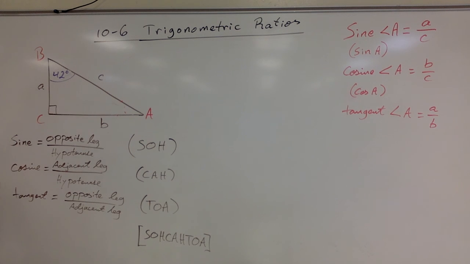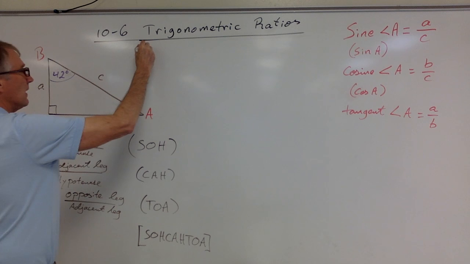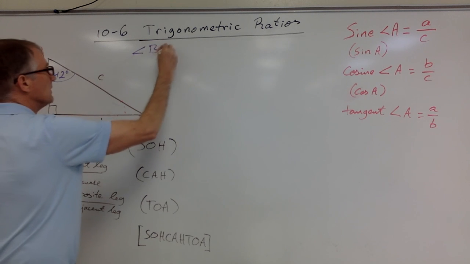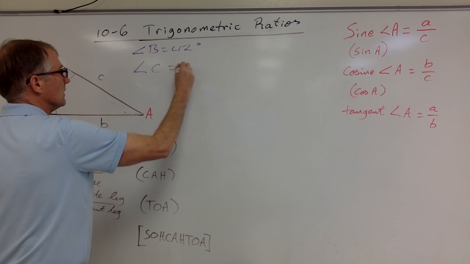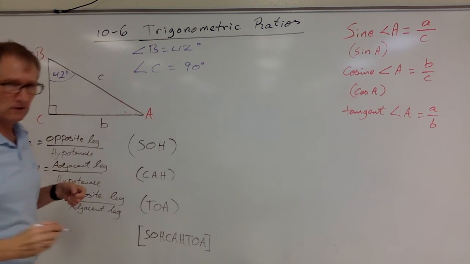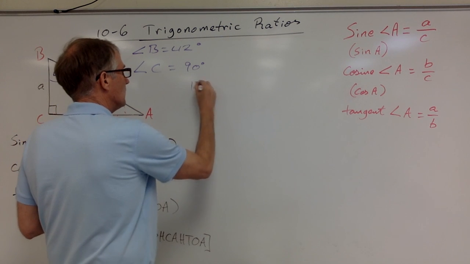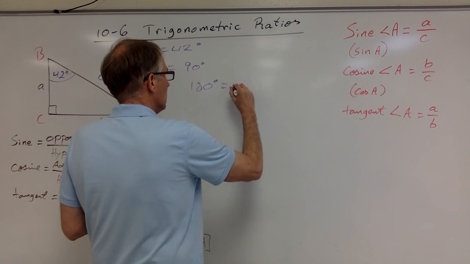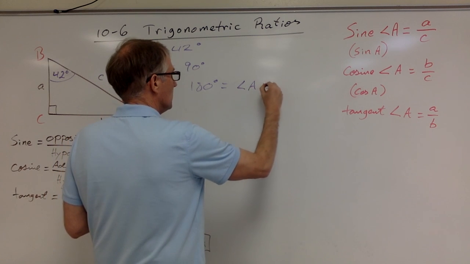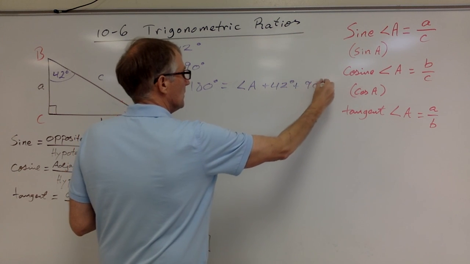Well, that's 42 degrees. This is 90. So that would be angle B. So angle B is equal to 42 degrees. You know that angle C by definition is 90 degrees. And you know that the angles must add up to 180. And so we can say that 180 degrees must be equal to angle A plus angle B plus angle C.